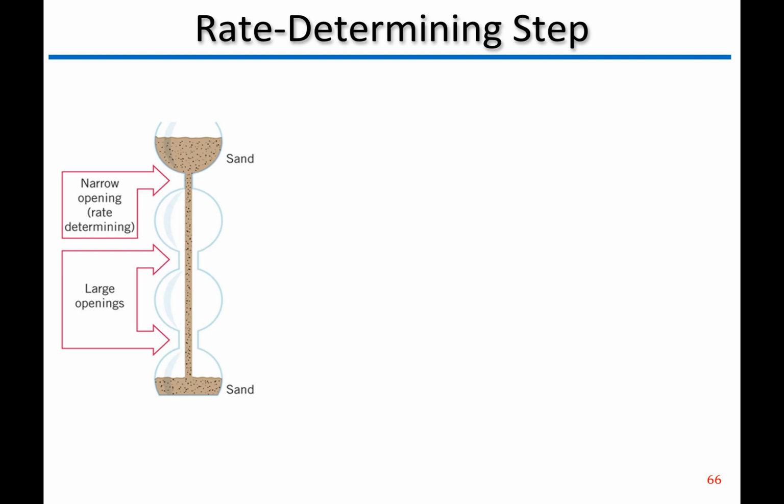So what will control the speed of the sand as it falls down through the glass? Even if we had a wide opening here, but then a narrow opening here, the narrow opening controls how fast the sand can move from the top to the bottom. No matter what configuration they're in, that narrow opening will always limit the fall of the sand.